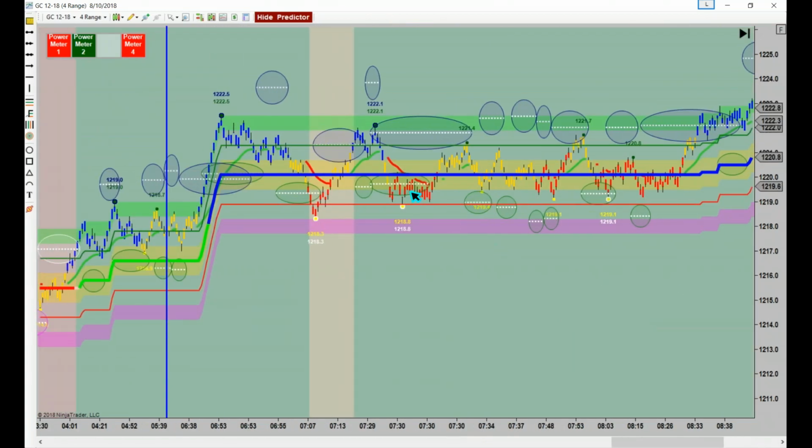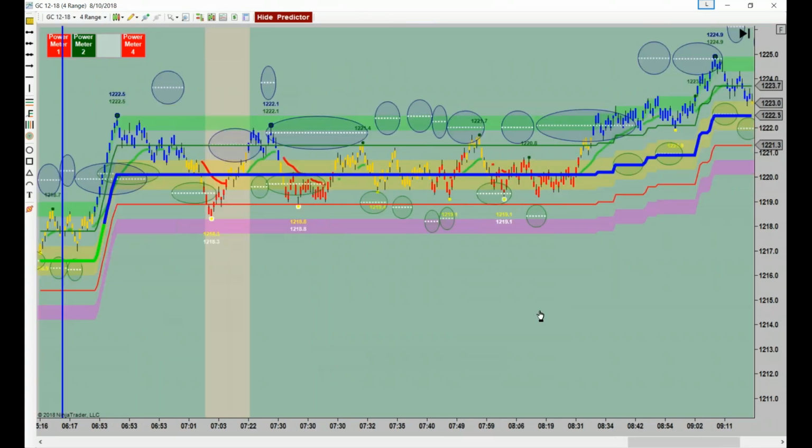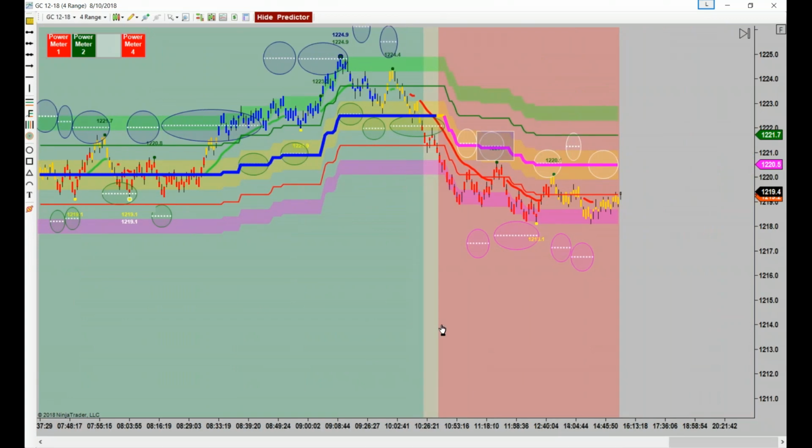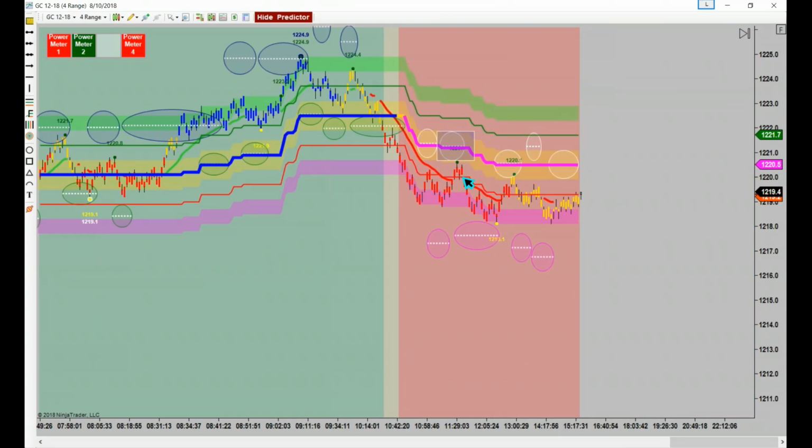In other words, on a green predictor, it's only going to take the trade long at the top of the predictor, or white ones short at the bottom of the predictor. Okay. Let's see, when do you know a predictor has expired? Let's say, for instance, you had done this one and you missed it, and this one didn't form till clear over here.